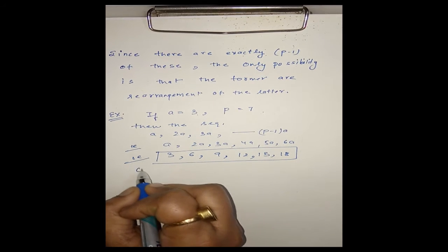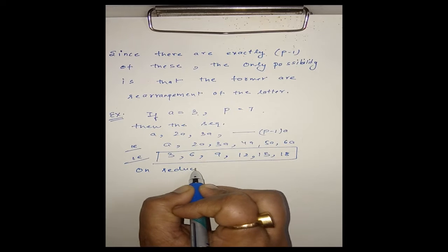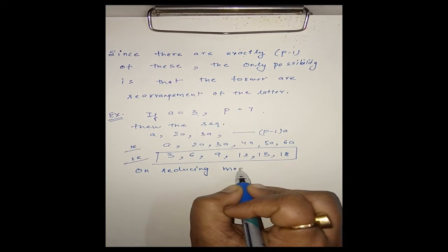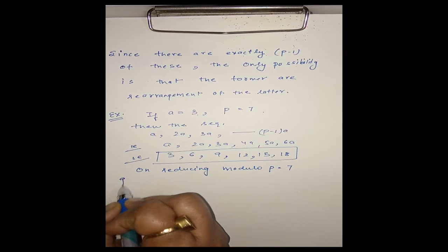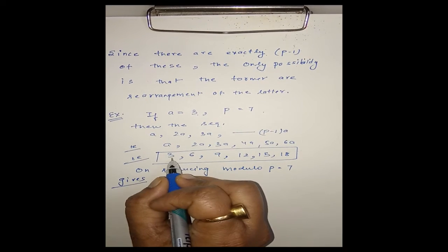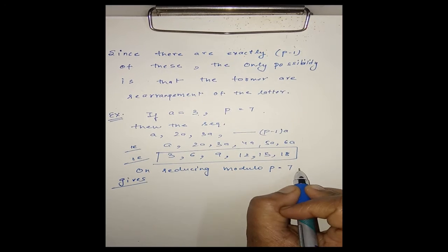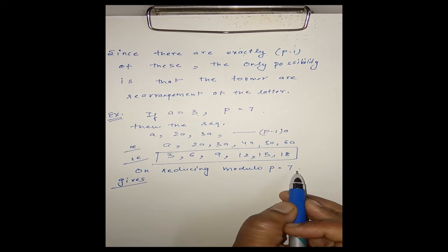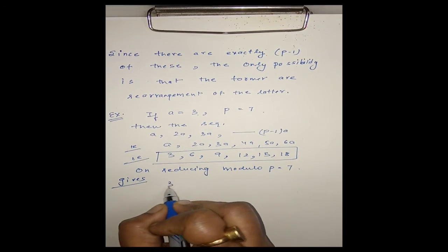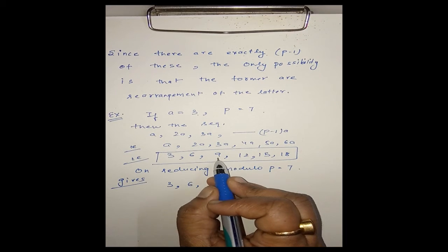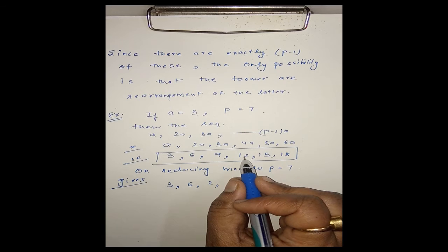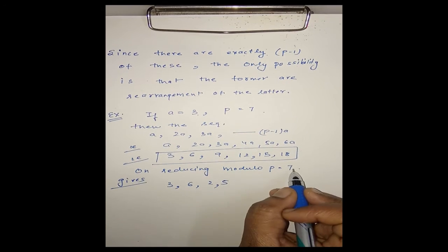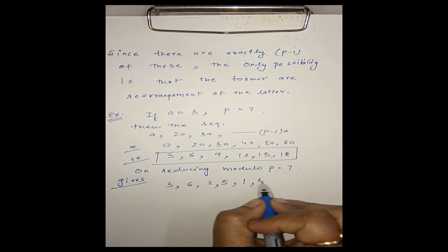Now on reducing these numbers modulo p, that is 7, on dividing 3 by 7 and taking the remainder, we have 3 here, 6. Now 9 divided by 7, the remainder is 2. Same way, 12 gives 5. Here 1, here 4.